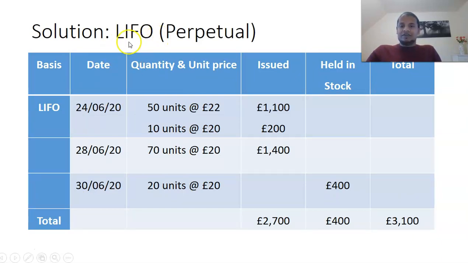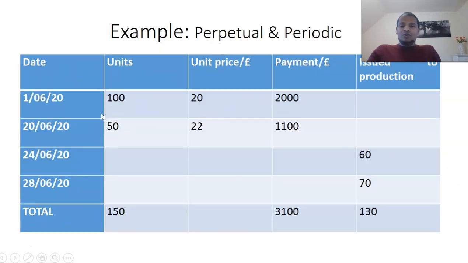Last in, first out. So the material that came last will go first. And this is still perpetual, so continuous detailed records. In this case, from the same example, on 24th we have two materials to issue from.